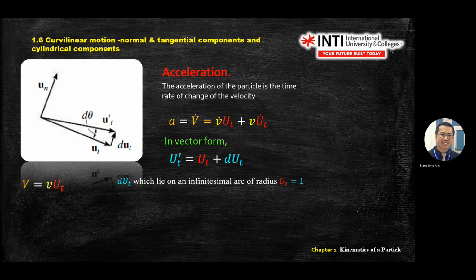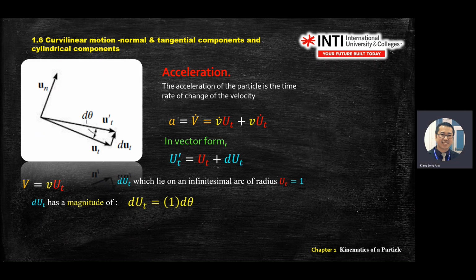Then the u t, the change of the unit vector t, is a very long, infinity radius. So we will use du equal to 1 because it's very, very long. So the magnitude of du, this is a vector, and a vector has magnitude and direction.